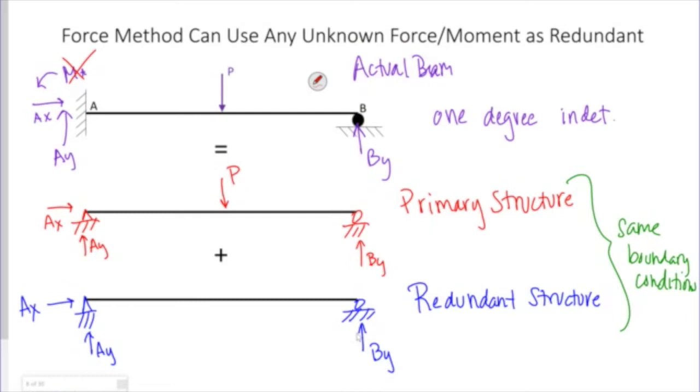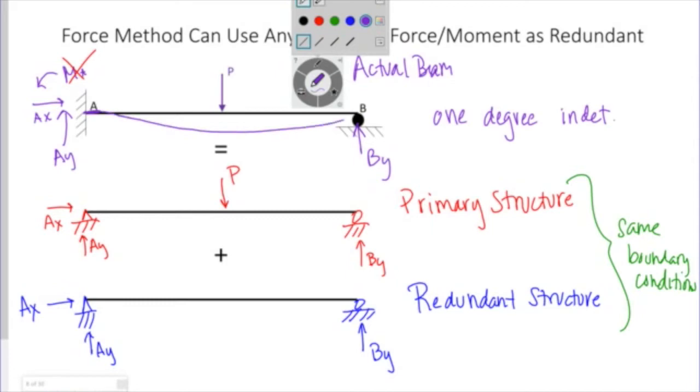Whereas in the actual beam, right, there's no slope here, and it would deflect like that. Now I'm going to allow a slope, so it's going to displace like that. But I want to add a rotation, right? It's going to have some sort of rotation at A. Well, we're going to look at that in a second.